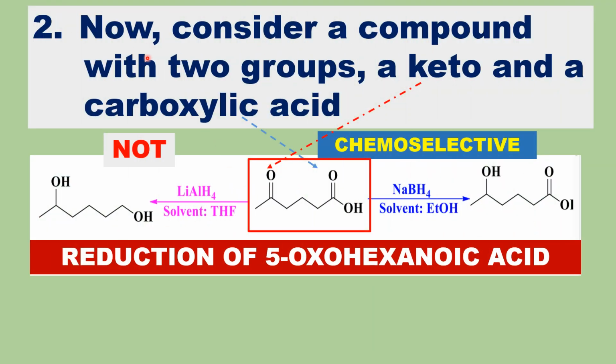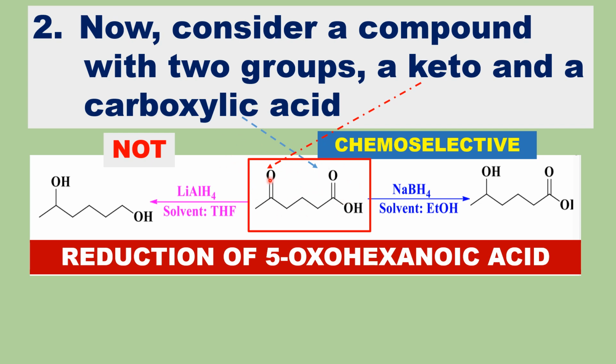Now consider an organic compound with two different functional groups, a keto group and an acid. You see here, this is 5-oxohexanoic acid: 1, 2, 3, 4, 5, 5-oxohexanoic acid. This organic compound consists of two functional groups. One is a ketone functional group, another is a carboxylic acid; both are carbonyl functional groups.